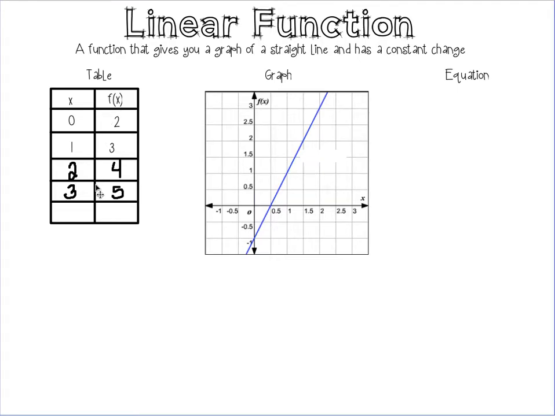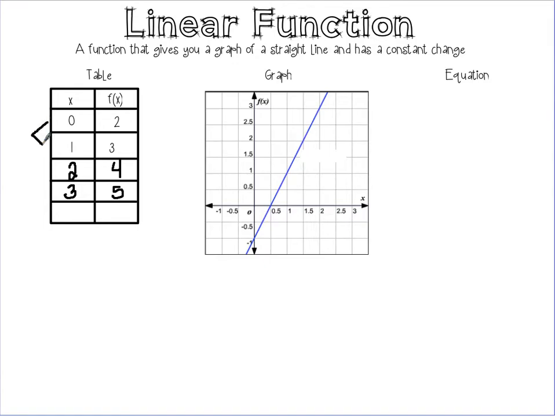If I give you a table and ask you to determine whether or not this gives you a linear function, yes, you have to determine, is it a function? So based on my inputs and my outputs, yes, this is a function because every input has one output. We're not worried about whether or not it's one-to-one. When we're determining linear from a table, we look at the change.